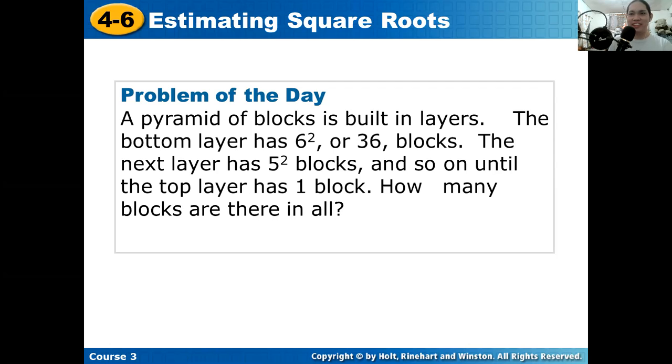How will you solve it, class? The answer is 91 blocks. You add the blocks from 6 squared down to 1 squared: 6 squared plus 5 squared plus 4 squared plus 3 squared plus 2 squared plus 1 squared gives us a sum of 91 blocks.